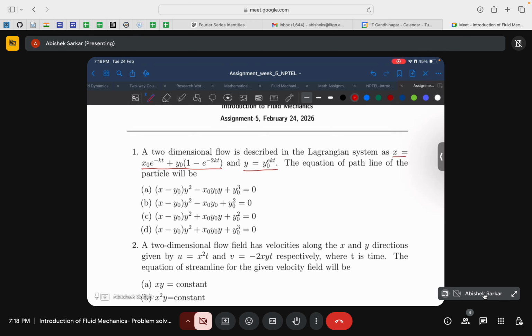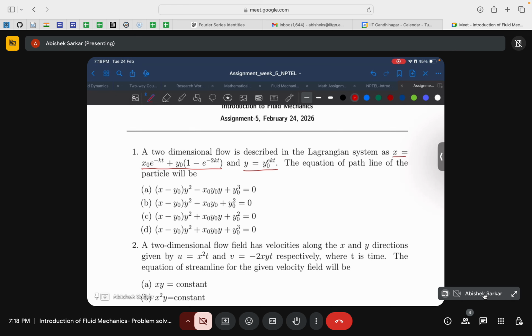So the basic goal is to eliminate the time term to find the expression of the curve that gives you the path line.